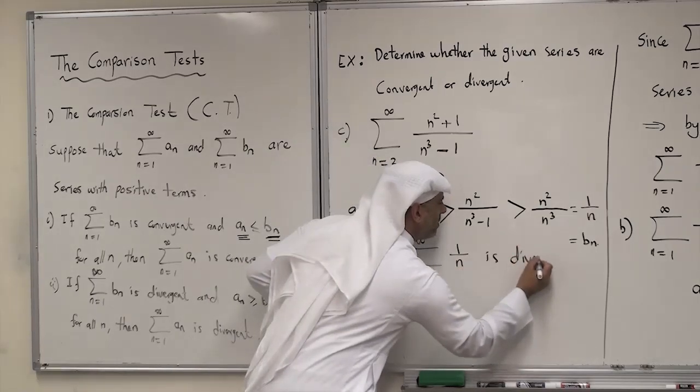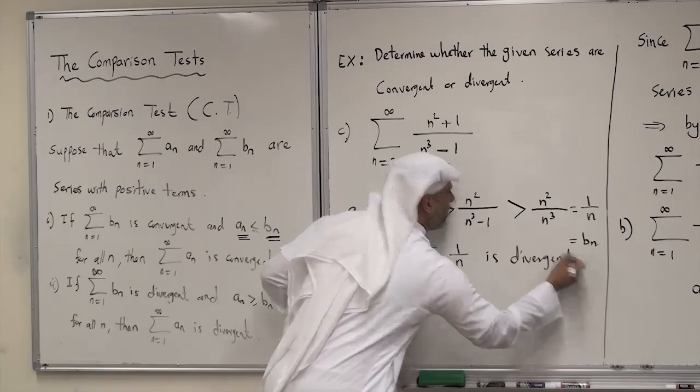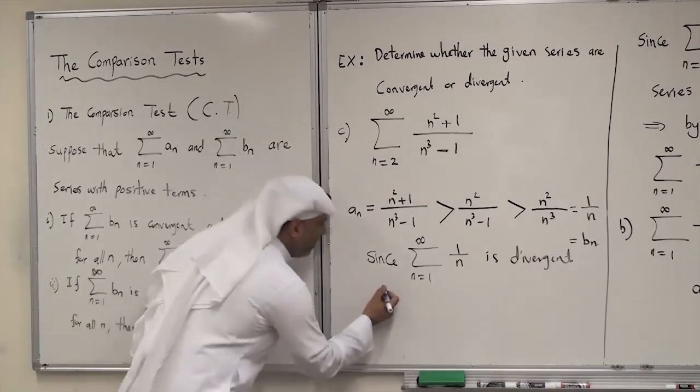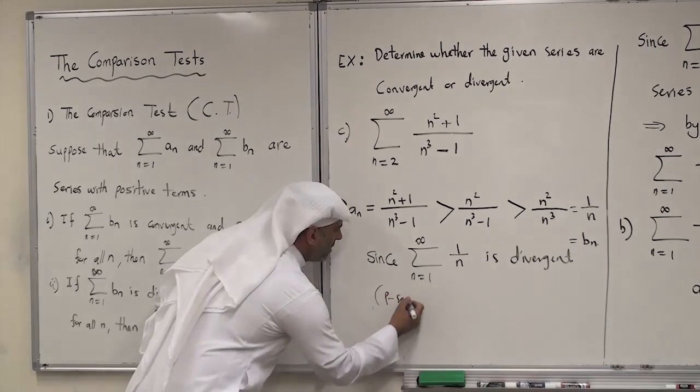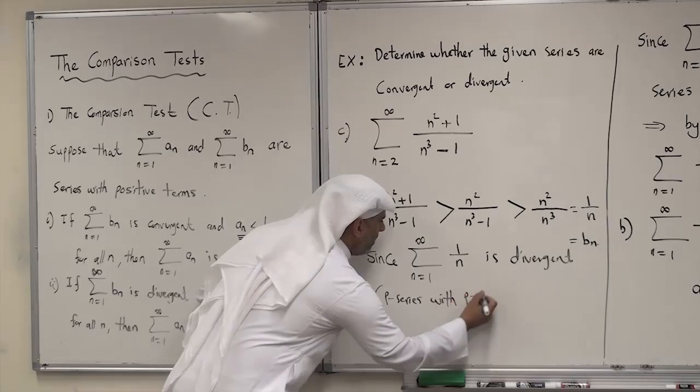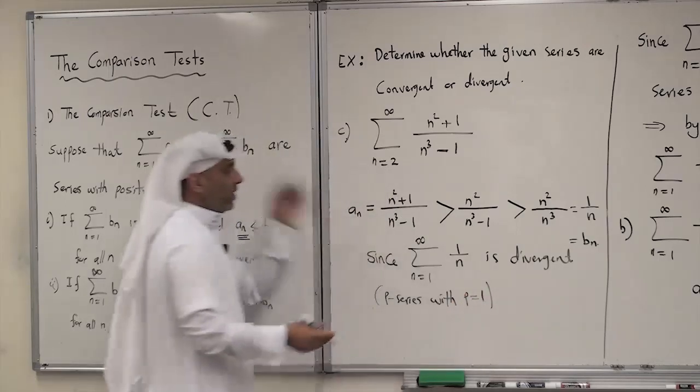Why is it divergent? Either because it is a P series with P equal to 1, or it is the harmonic series. Since P is equal to 1, we know it is divergent.